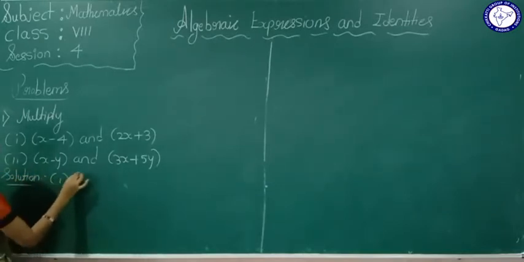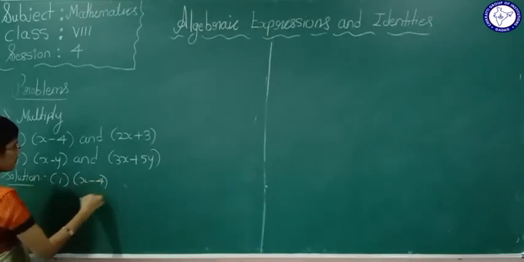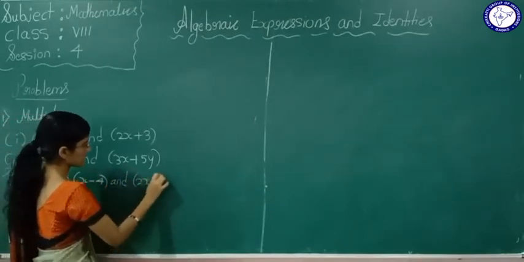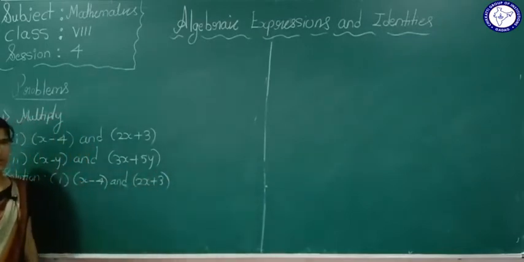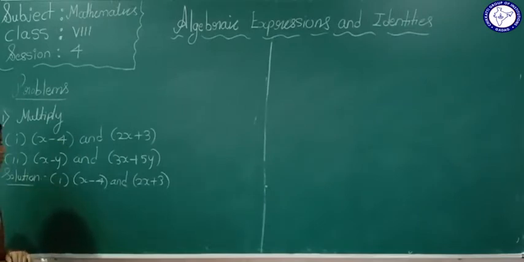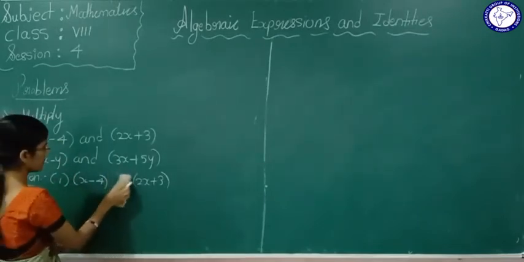First one, x minus 4 and 2x plus 3. This is the given thing. Now see, multiply they have told. We know how to multiply a binomial by a binomial, yes or no?